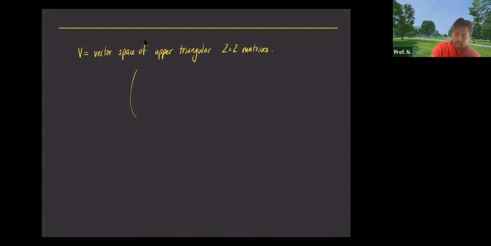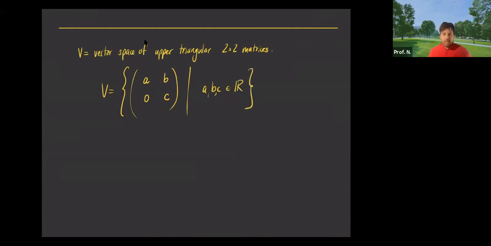A vector in V looks like a 2x2 matrix [A, B; C, 0], and A, B, C are real. That's what this matrix looks like. The lower entry will always be 0, but everything up here can be something else, could be non-zero. But this has to be 0 to be considered upper triangular.